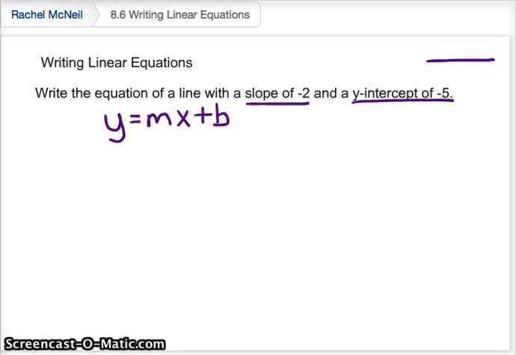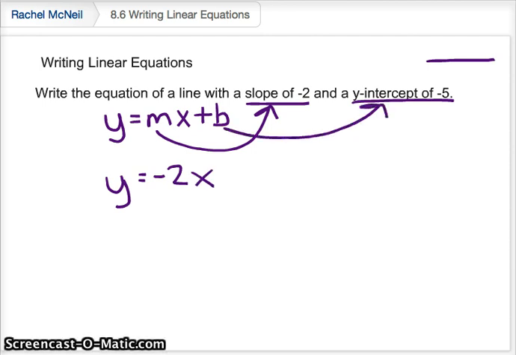It should go pretty smoothly. I know that m is my slope, and the slope for this problem is supposed to be -2. So I'm going to get y equals -2x. We also know that b is our y-intercept, and this is supposed to be a y-intercept of -5. So I'm going to be adding a -5.